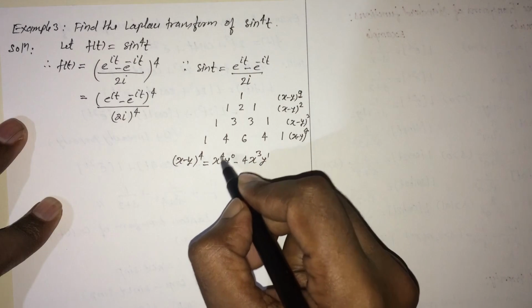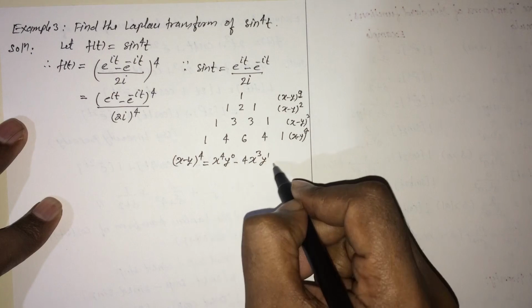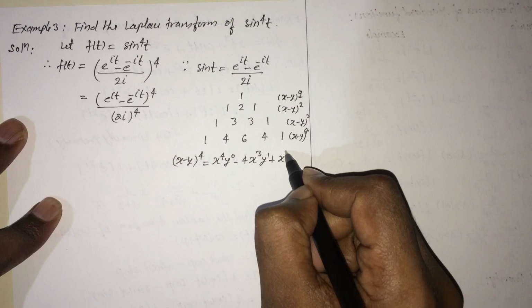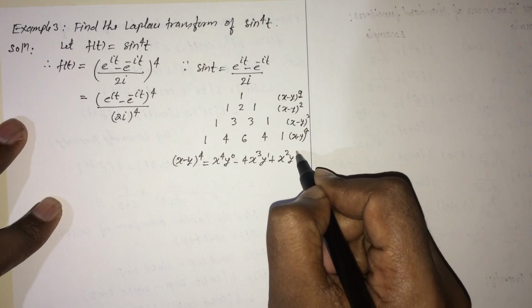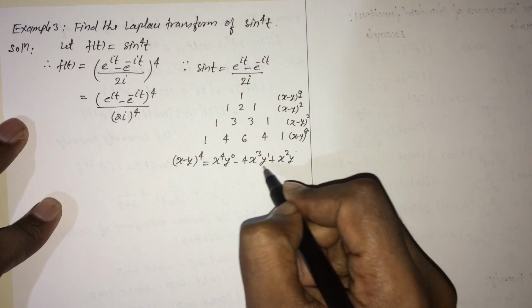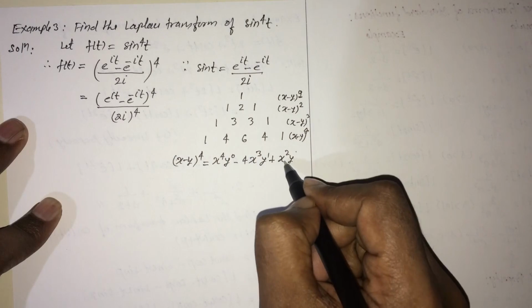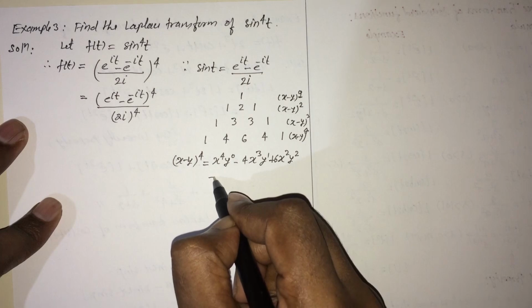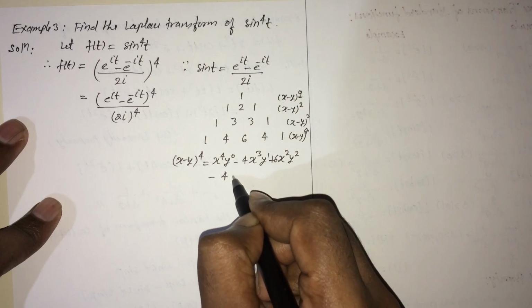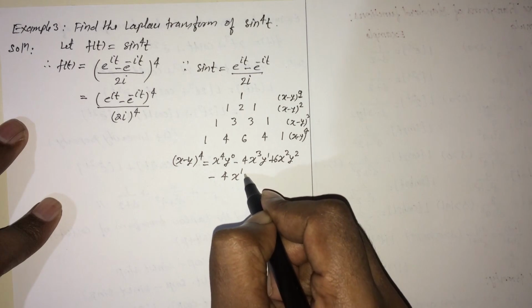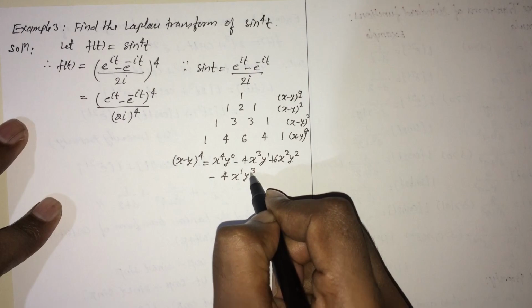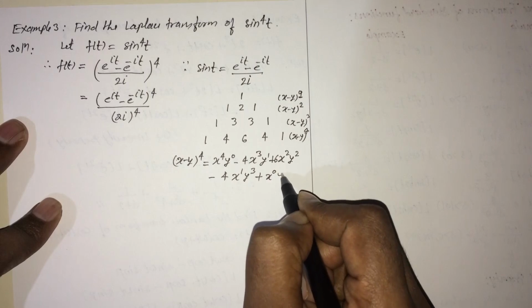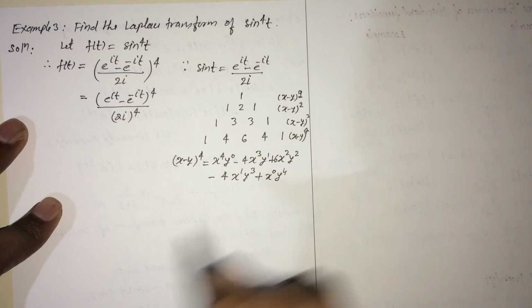And the sign will alternate: plus, minus, plus x^2 y^2, and what is the coefficient of this? That is 6, minus 4 x^1 y^3 and plus x^0 y^4.